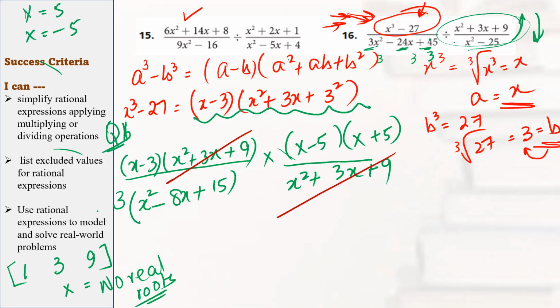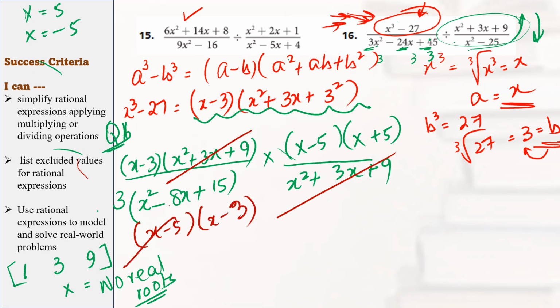Now still I have x square minus 8x plus 15. So I will go to the calculator. Again I will factor 1, negative 8 and positive 15. I will get the two factors. I am writing it here directly. I will get x equals 5, so in the factor I will write x minus 5. x equals 3, I will write x minus 3.